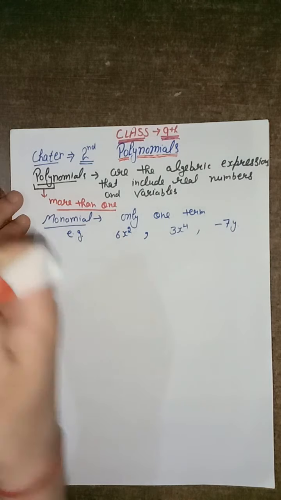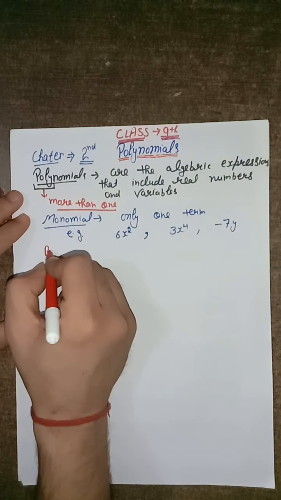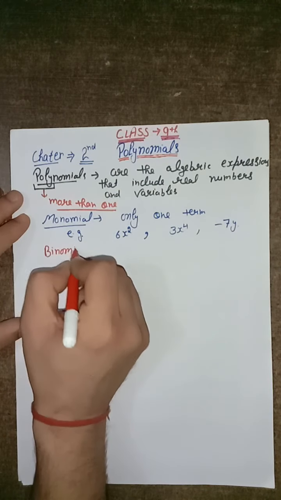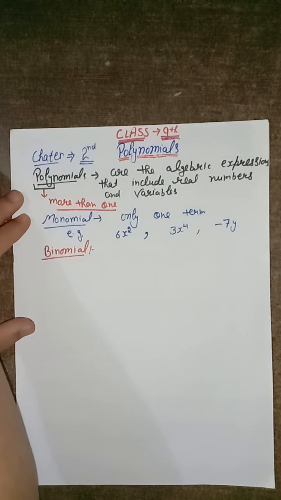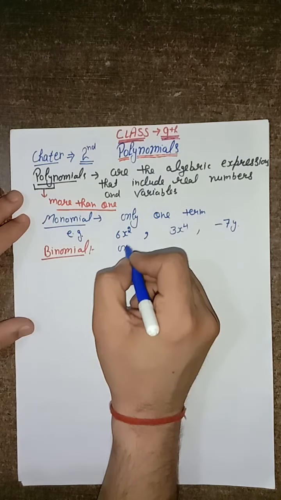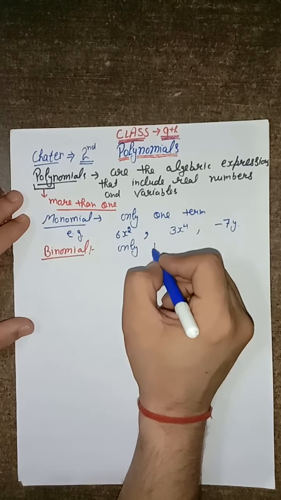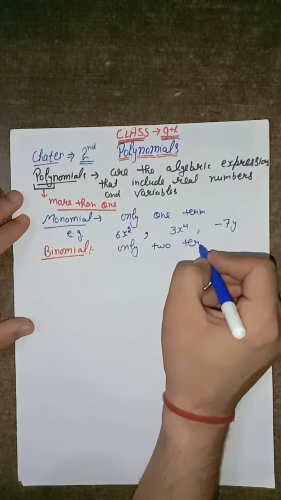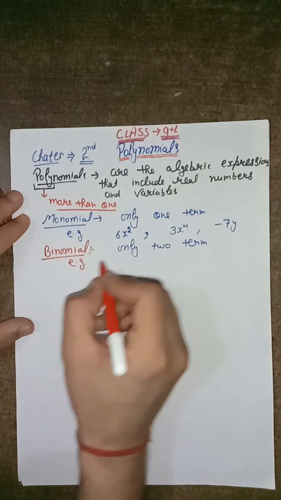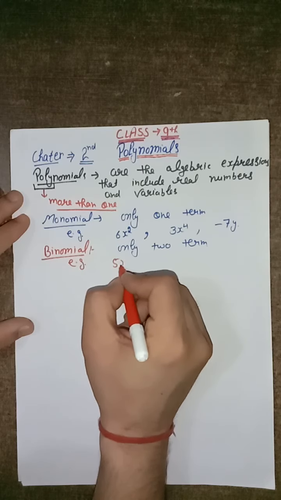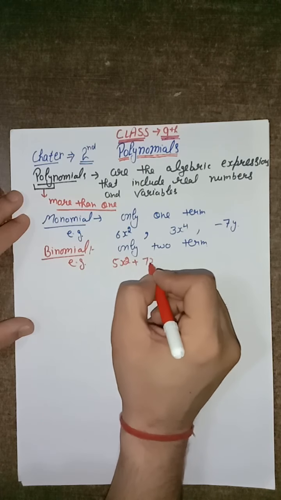Next, the term is binomial. And you all know the meaning of bi means 2. Hence, this polynomial contains only 2 terms. Example will be like 5x² + 7x.